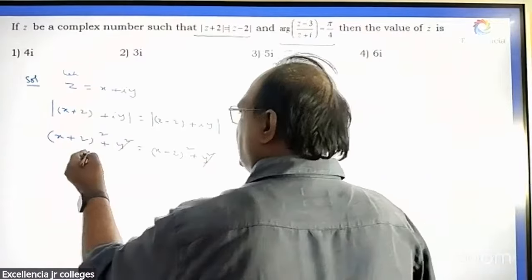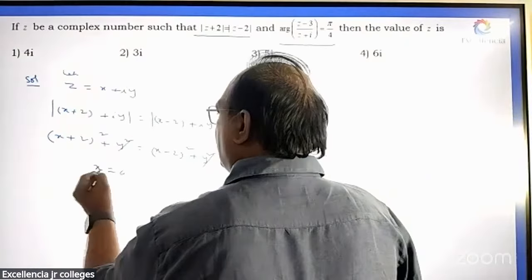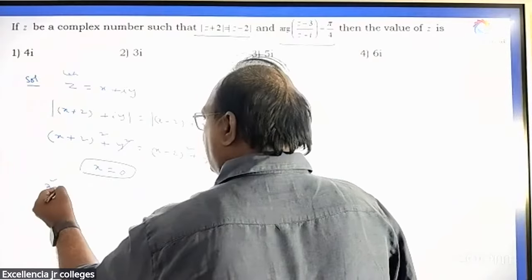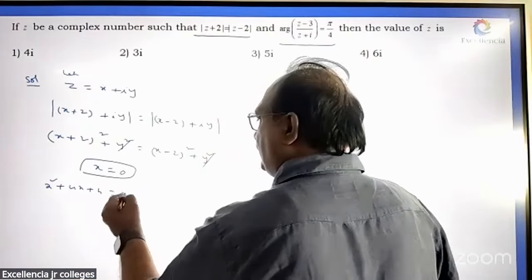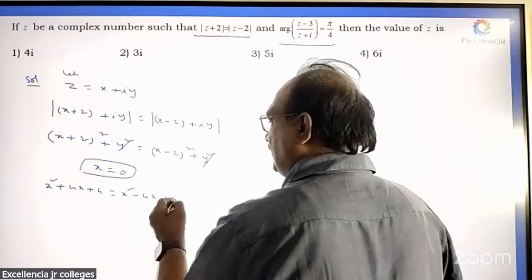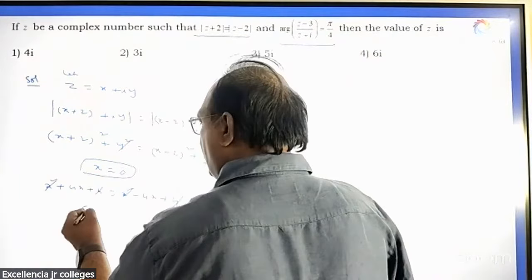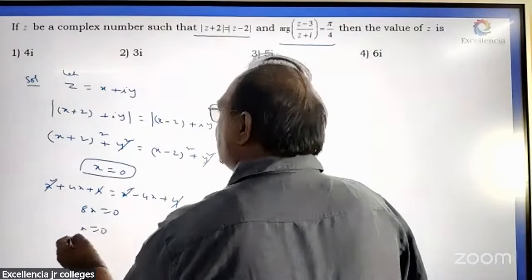Then you will get x square plus 4x plus 4 is equal to x square minus 4x plus 4. Cancelling, x is equal to 0.